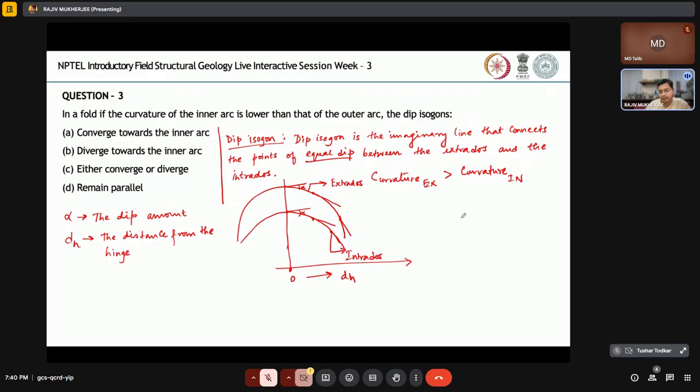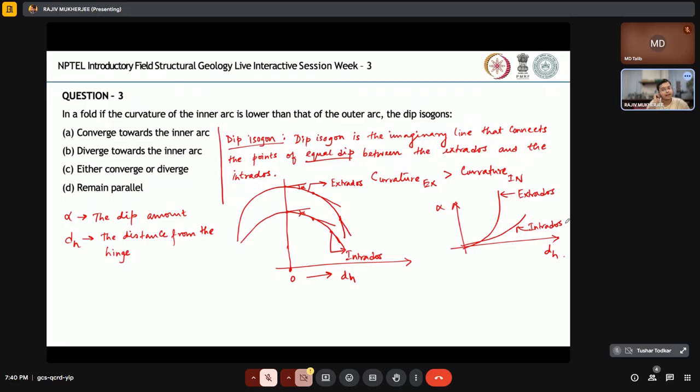Right, then if we just plot a graph between alpha and dh, we would probably see graphs like this. So this will be for the extrados and this will be for the intrados.